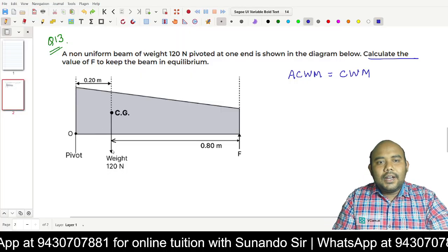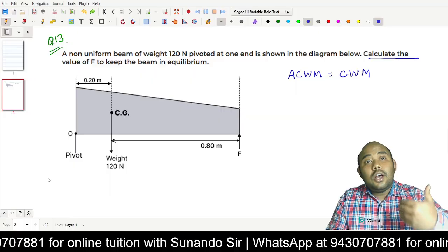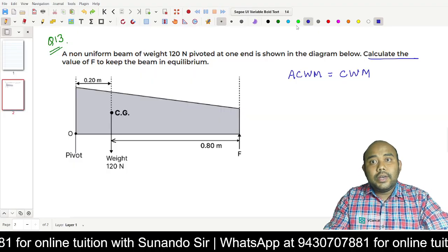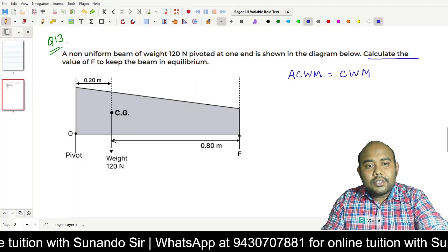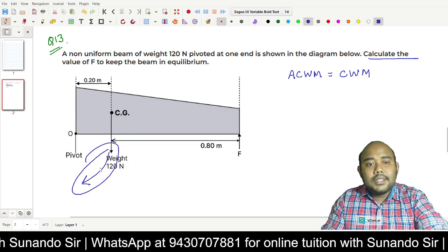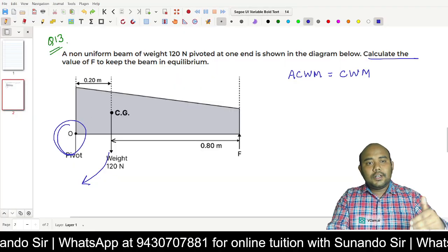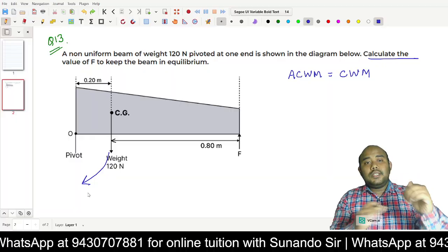So from the pivot, which force is producing the clockwise moment? If you see this 120 Newton, it is trying to rotate this beam in the clockwise direction about the pivot. Simple.